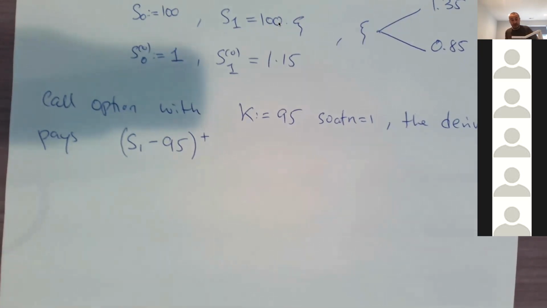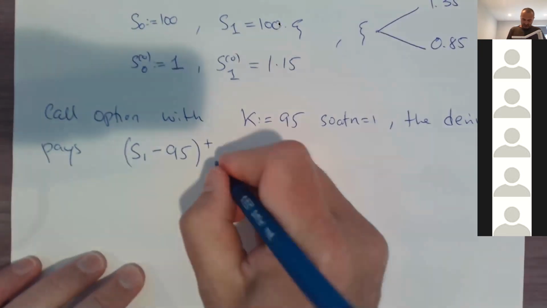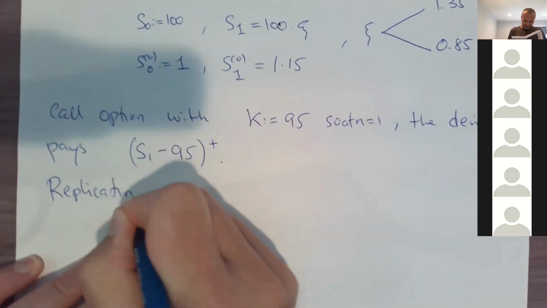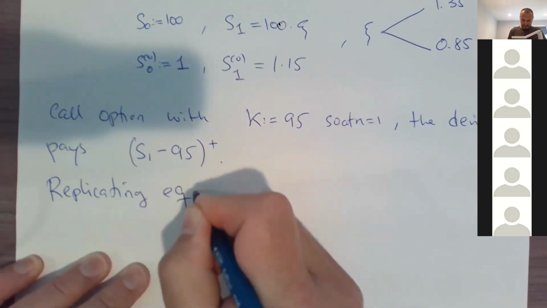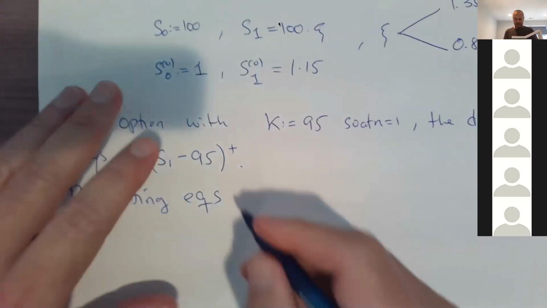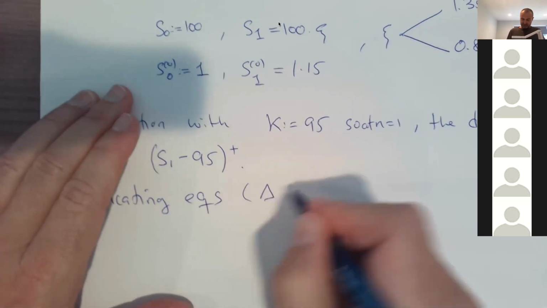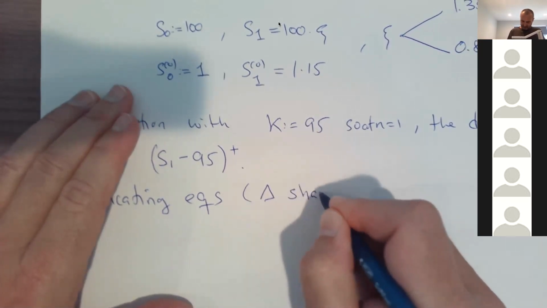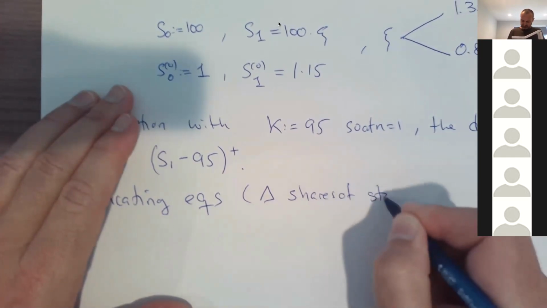So now we're going to set up the replicating equations. So that is, we're going to hold delta shares of stock.